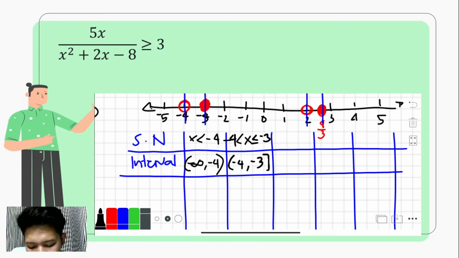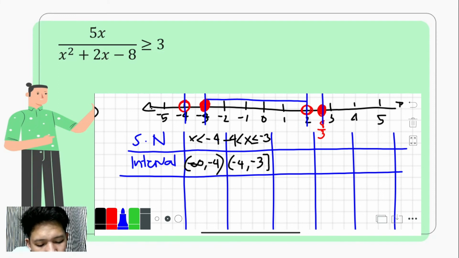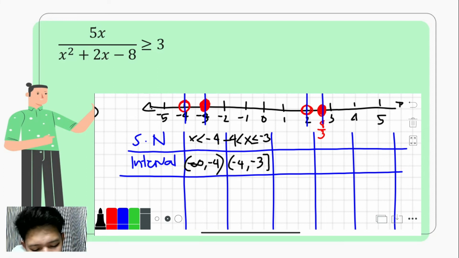Okay? And next partition would be this one. Okay? So, from negative 3 included to positive 2 excluded. So, that is x is greater than or equal to negative 3 but less than 2. So, for our interval, that would be bracket, negative 3, 2, parenthesis, kasi excluded siya. Okay?